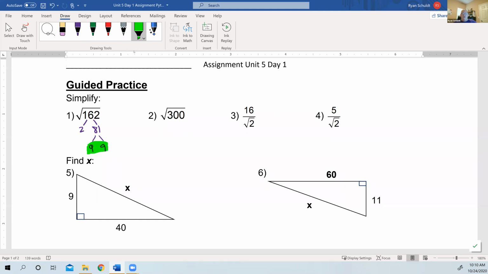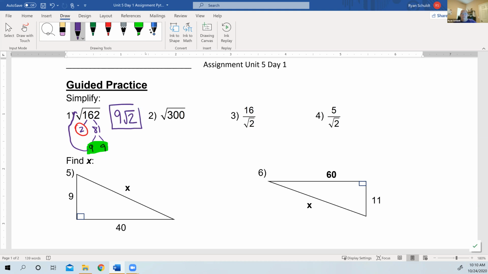I have a pair here, so I'm going to highlight it. And then I have this single out here. So remember, pairs go out on a date. Singles stay home. So I'm going to have 9 square roots of 2.